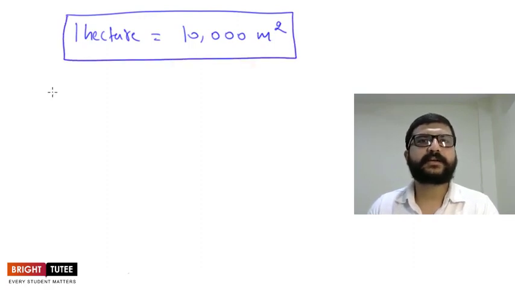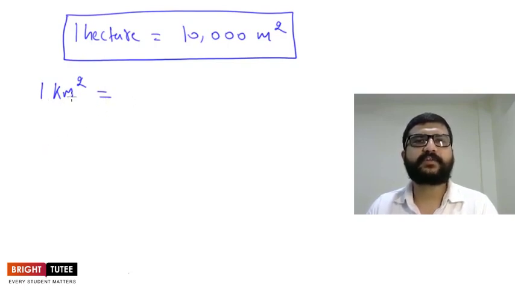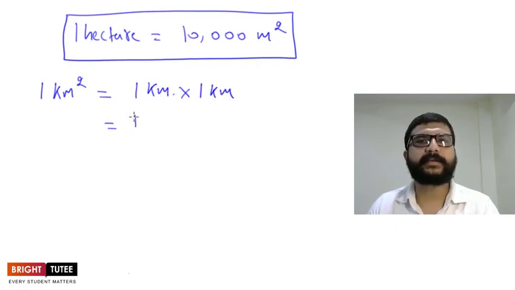Now can we convert square kilometers into square meters? Suppose we have 1 square kilometer. This will be equal to how many square meters? First of all, we know 1 square kilometer means 1 kilometer into 1 kilometer. Now 1 kilometer is equal to 1000 meters.